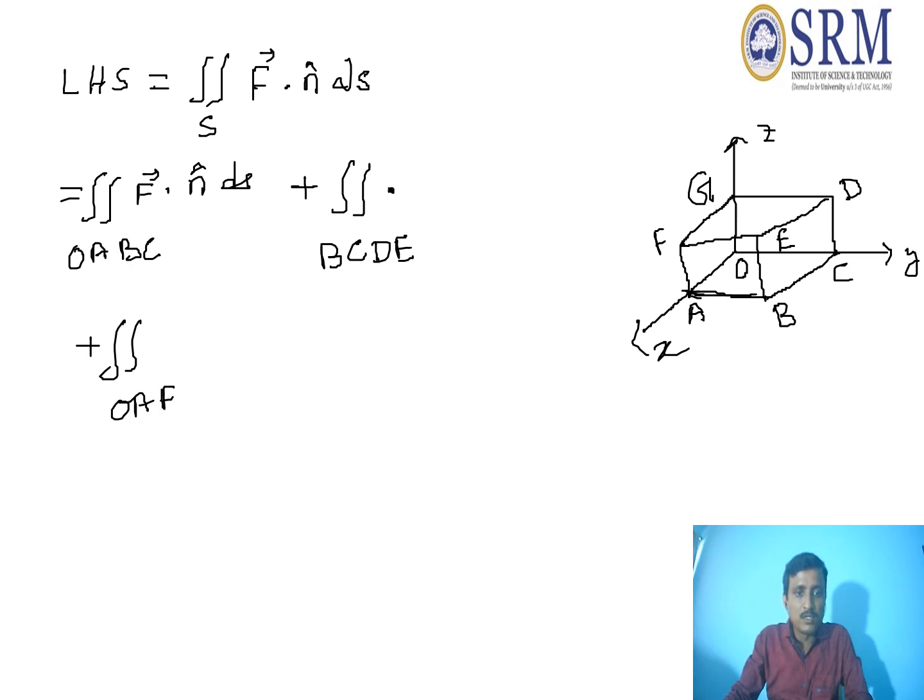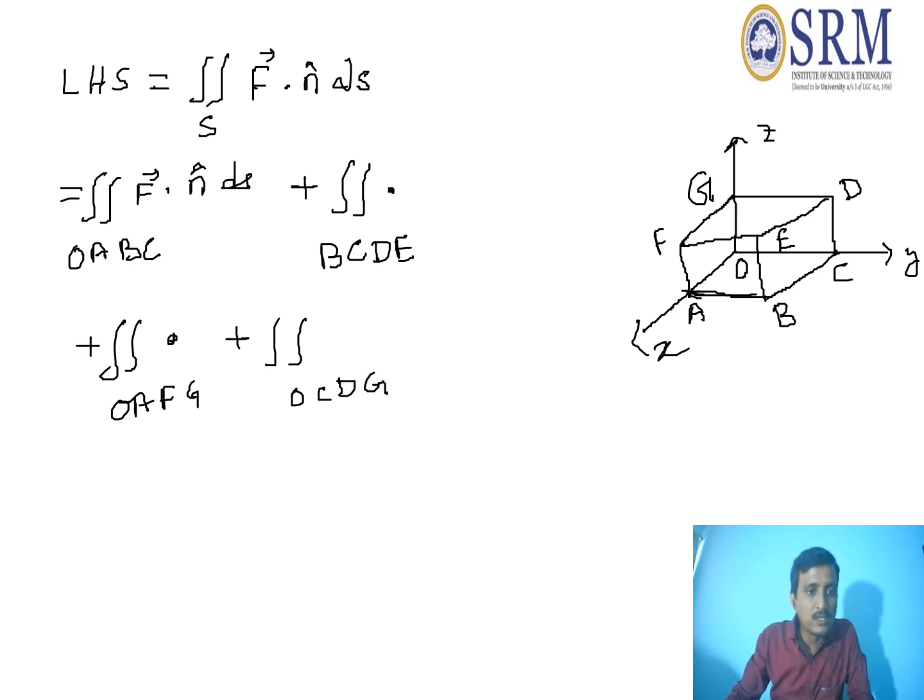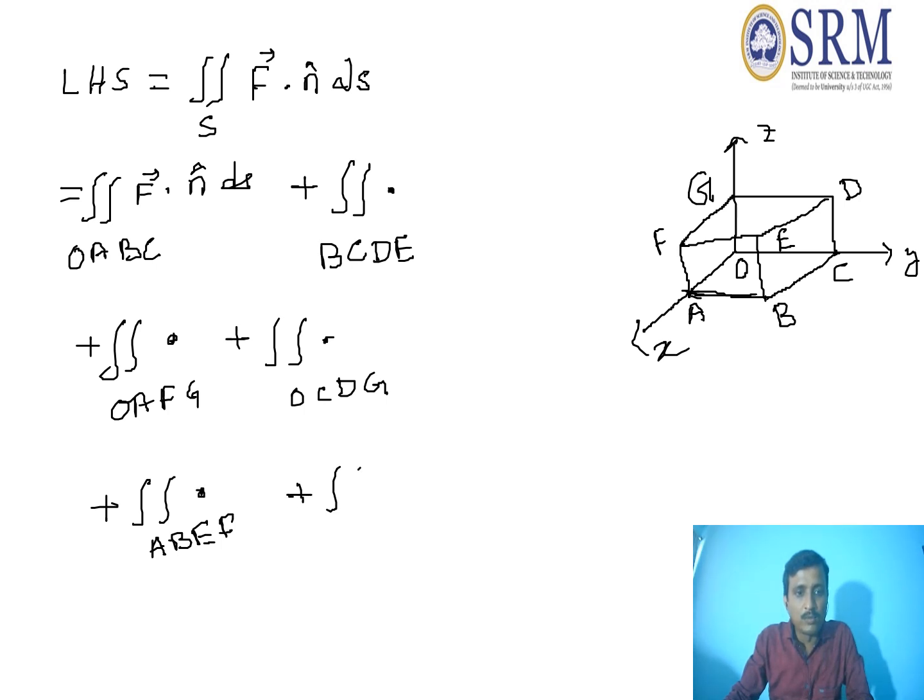So OA, FG, and here you write the same thing, and OC, DG, OCDG, plus AB, EF, plus, that means six surfaces you have to write.